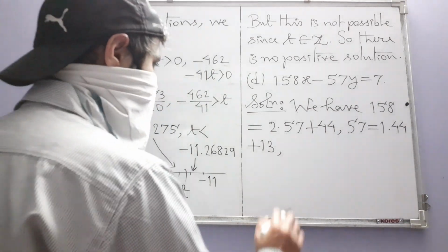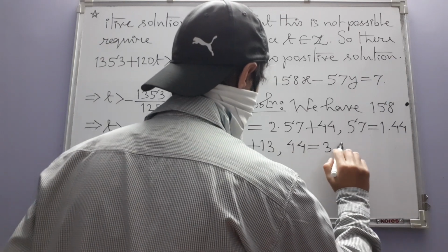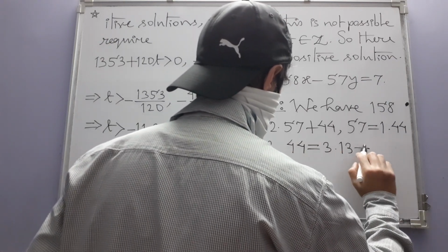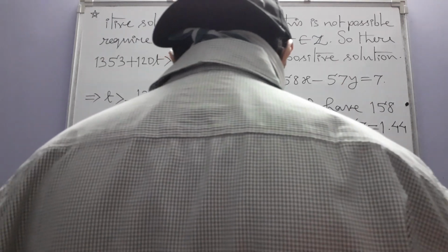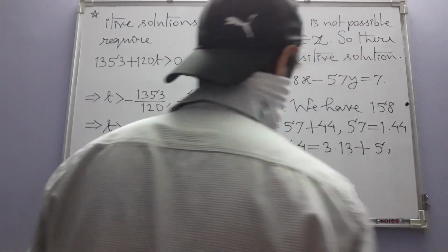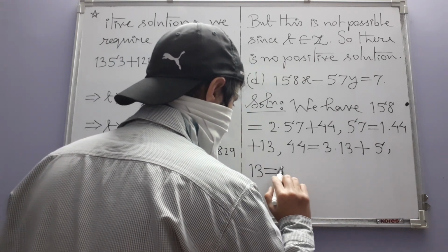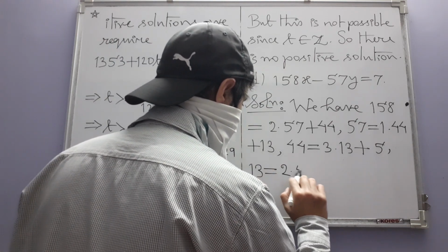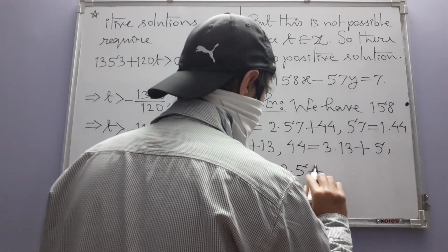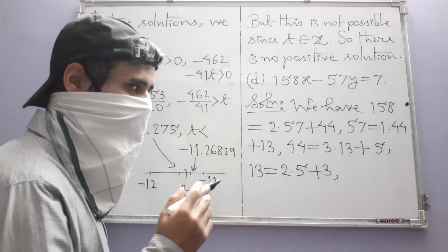Next we divide 44 by 13, plus 5, and then 13 by 5. You can understand that ultimately we are going to get 1.